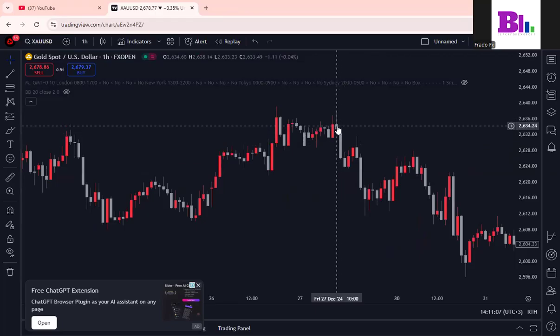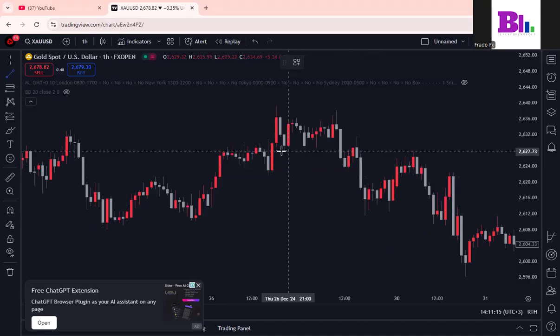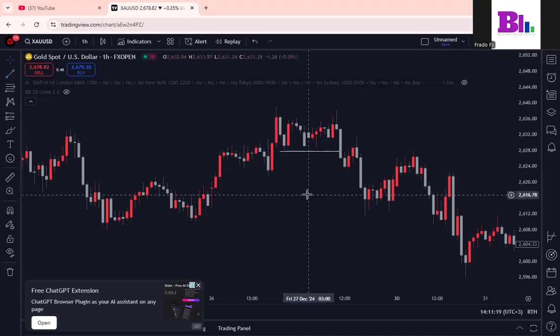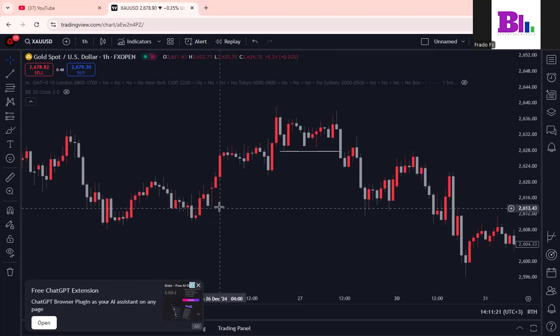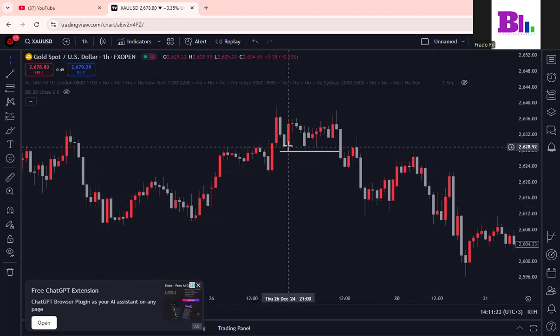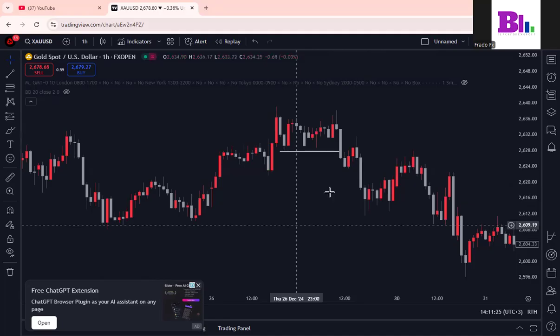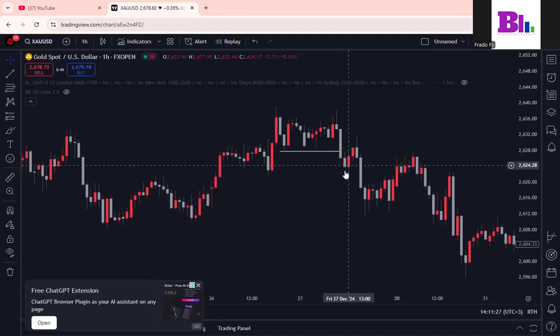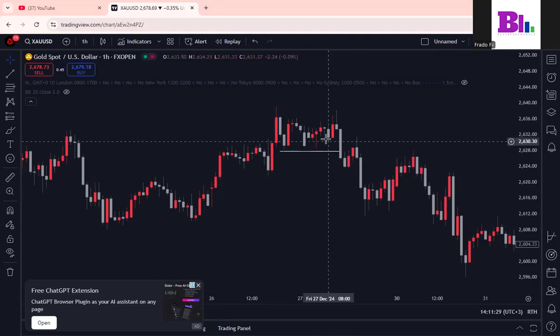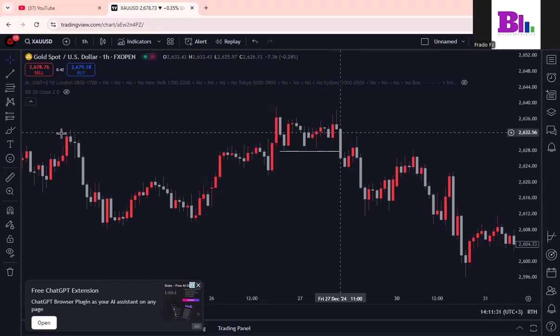Why? Because you can see what happened here. We had our breakout structure. You can see here we have a very clear breakout structure, because the market was creating higher highs, higher lows. So what is our order block here?